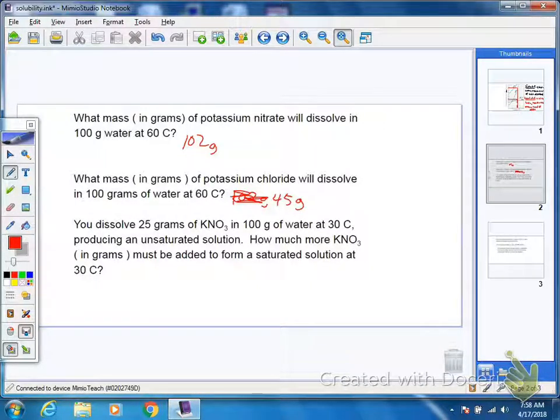So third question says you dissolve 25 grams of KNO3 in 100 grams of water at 30 degrees Celsius, producing an unsaturated solution. How much more KNO3 can you dissolve to form a saturated solution? So it's saying we've dissolved 25 grams in, how much more could we dissolve in? Okay, so we'll go back. That's at 30 degrees Celsius.